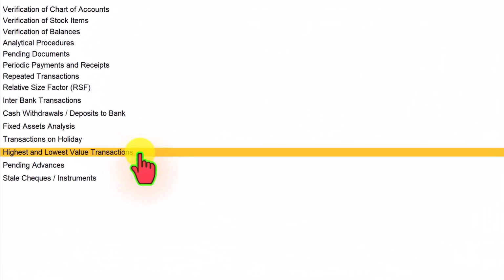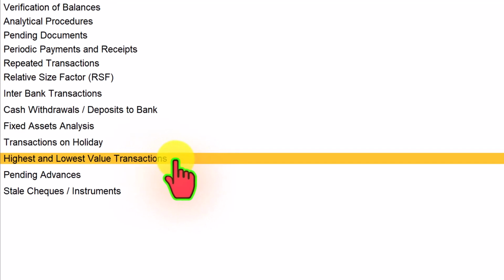This report will list ledger masters with a difference percentage range around the highest and lowest amounts. This is yet another variation of a forensic audit exceptional report, like the report we saw in our earlier video of the relative size factor.